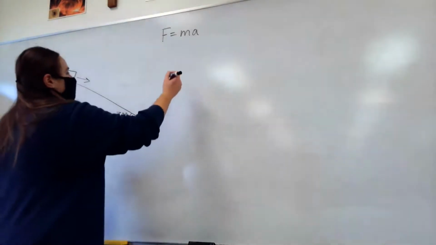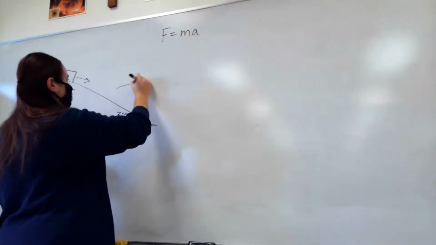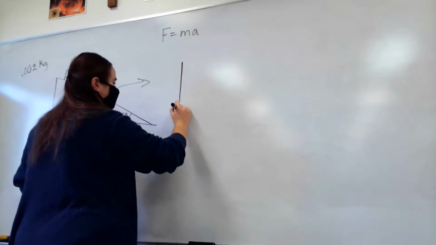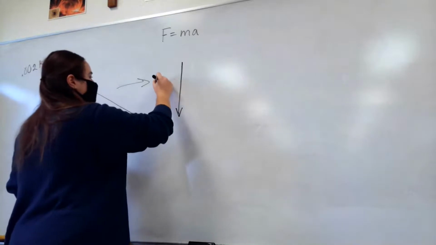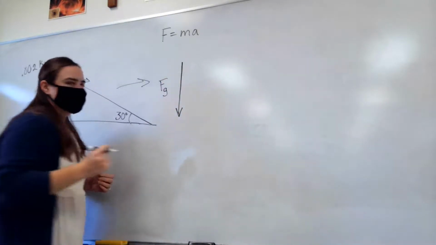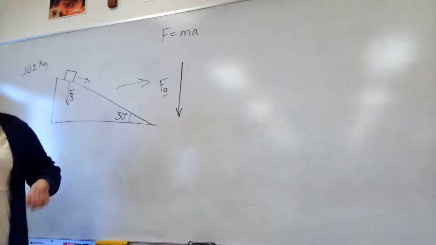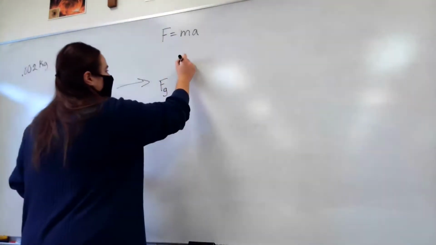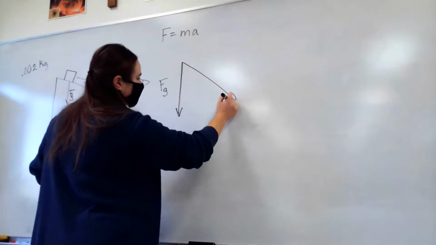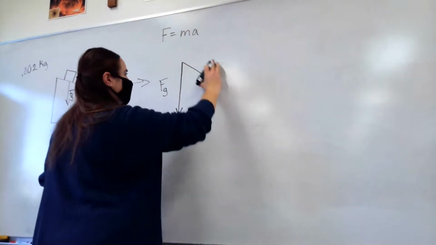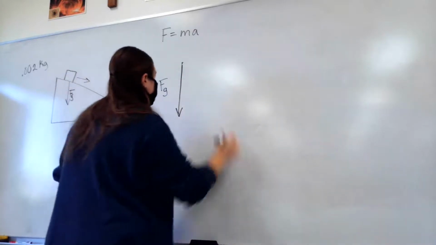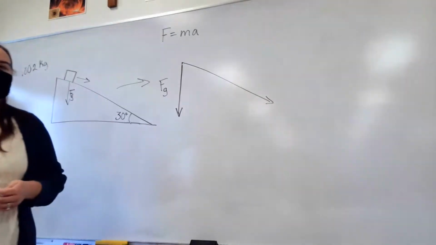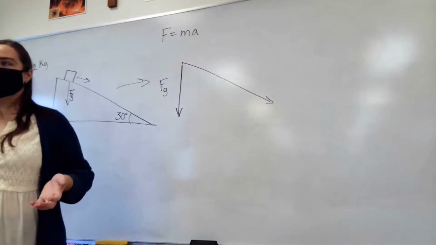So I want to draw this sort of force triangle out to the side. We know that the force of gravity, or its weight, is going to push directly straight down. We know our acceleration is going to go along the surface of the ramp. Actually, that's not really parallel to the surface of the ramp. We'll make it a little bit better. We know that the force pushing it down the ramp is going to go parallel to the surface of the ramp.